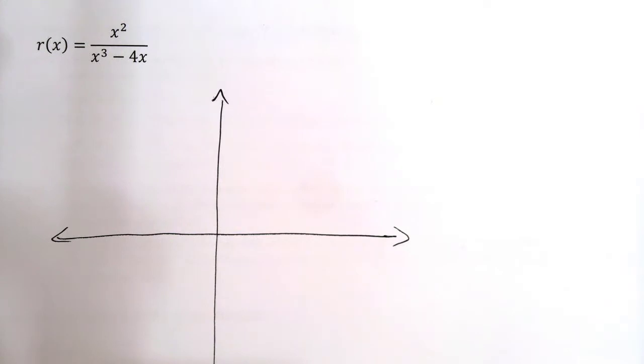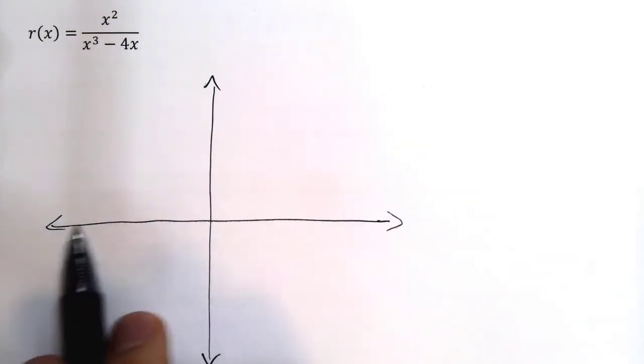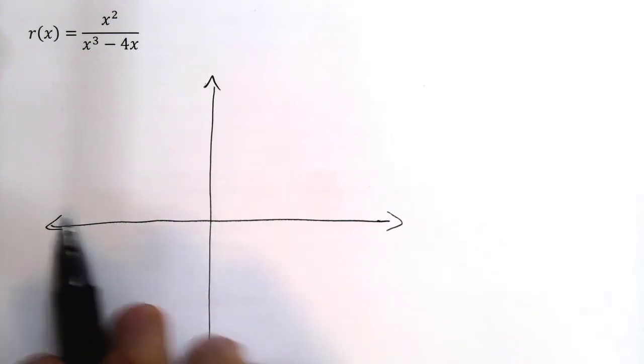Notice that the function didn't have any x-intercepts or y-intercepts. So there's no immediate points we can plot. But we did make some notes here about the asymptotes of the function. We deduced that y equals 0 is an asymptote. So we know that this is an asymptote. Okay.